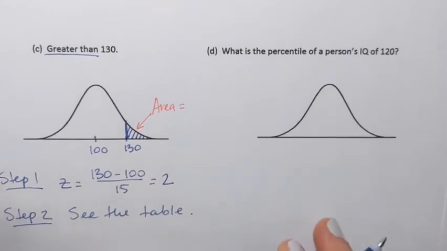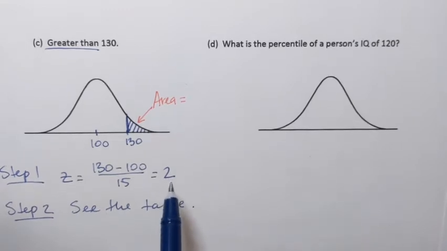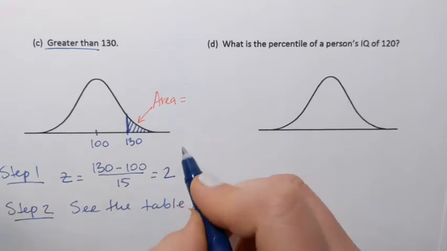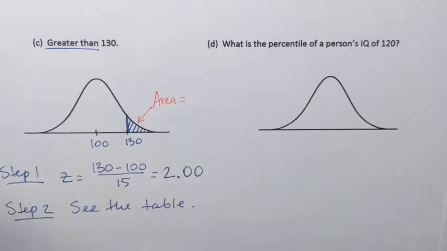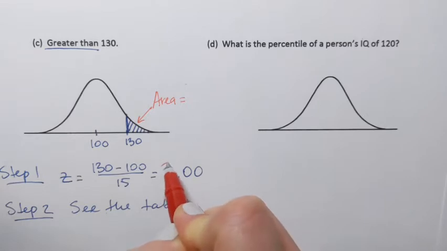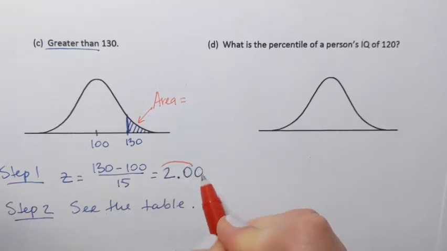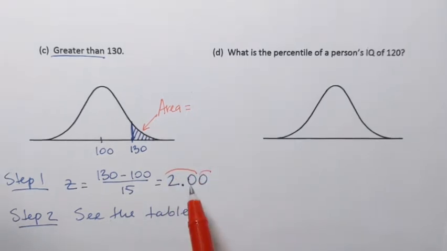Now, there are a couple of important things to note. First of all, once again, when we use z-scores, we want to have 2 digits after the decimal point. So I'm going to put a decimal point and add 2 more digits. The first digits, 2.0, I will search in the first column, and the second decimal place should be found in the top row.